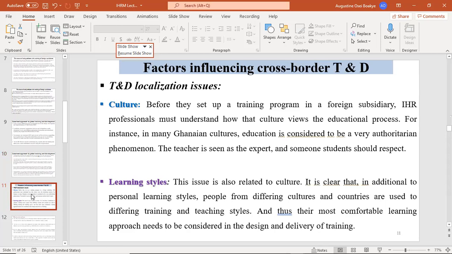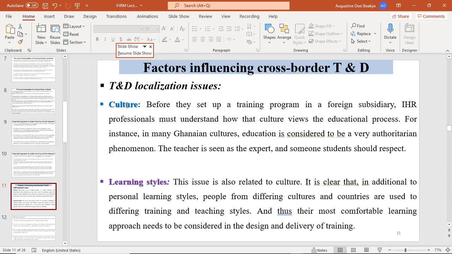And this is particularly true for multinational enterprises. So training and development localization issues are influenced by factors such as culture. So that is the first one.